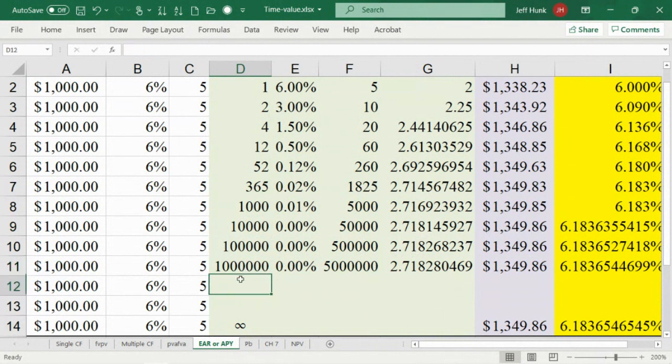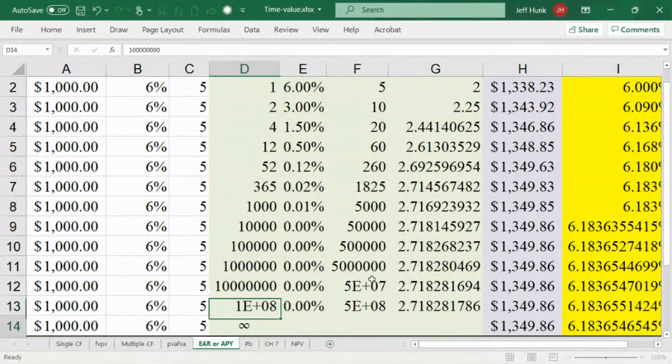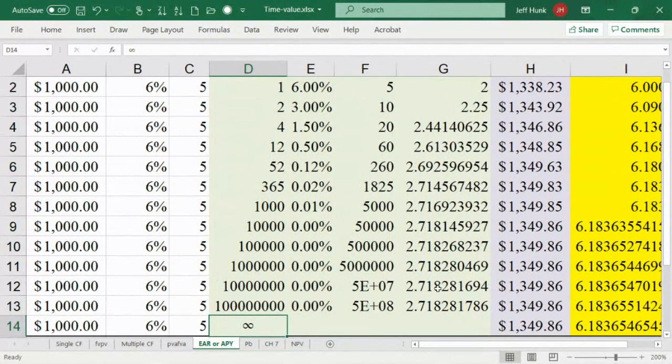Let's say 10 million, 100 million. How many zeros are there? Yeah, 100 million. Look, it doesn't go any further, right?